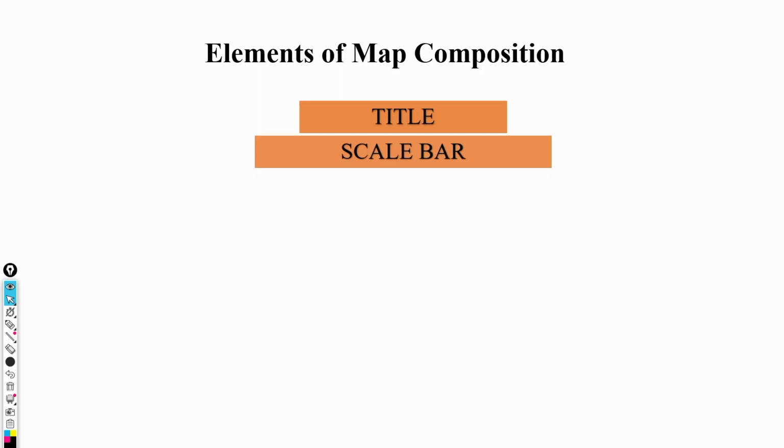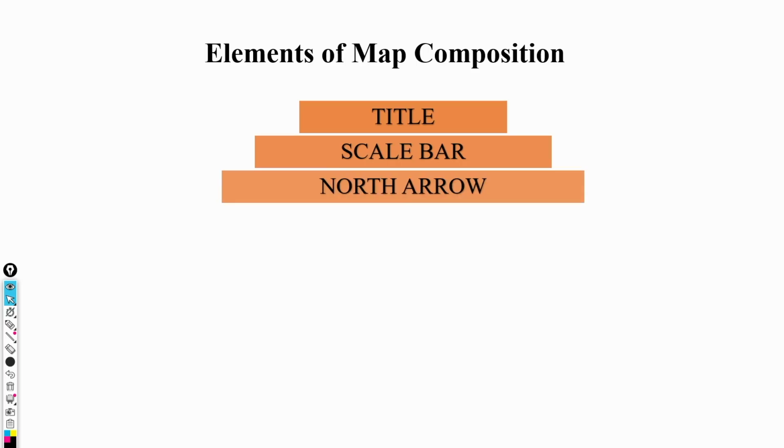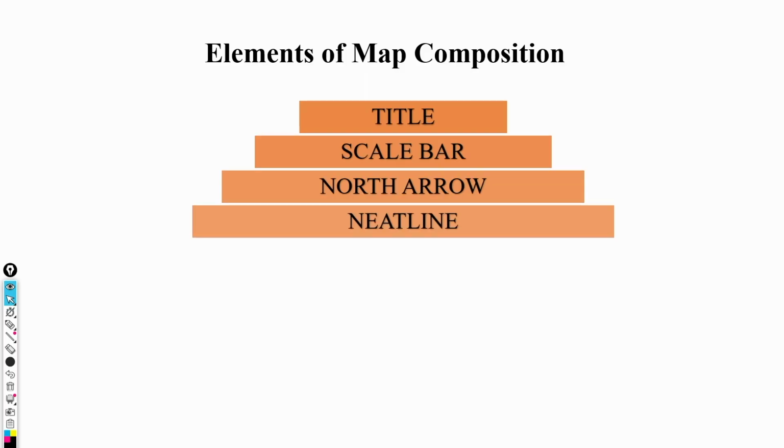Now next to scale, you have your north arrow, which indicates which direction my map is facing. That is the sole purpose of your north arrow. And then next comes the neat line.